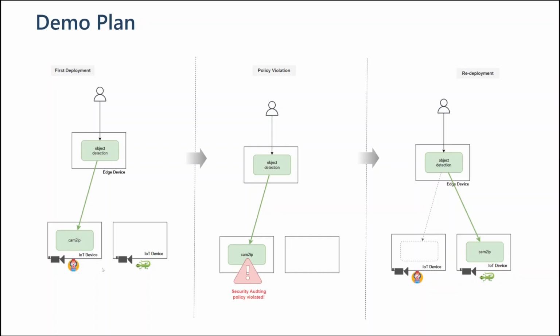Then we will simulate a security violation on this component, and we will see how ICOS can detect this and trigger a violation of the policy that in cascade will migrate the component from the node affected by the security violation to a new node, that in this case is the second IoT device that we prepared for the demo, without redeploying the full application, just moving the component and ensuring the network connectivity at all times.